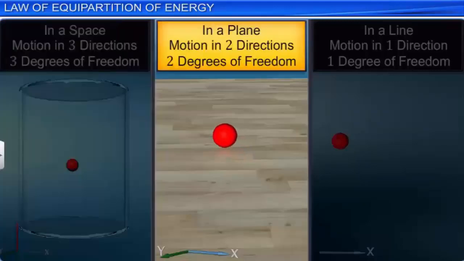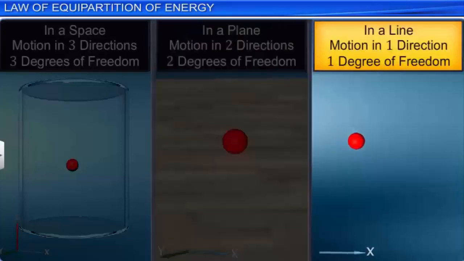If the motion of the molecule is confined to a plane, then the molecule can move in 2 directions. Hence, the molecule has 2 degrees of freedom. If the motion of the molecule is confined to a line, then the molecule can move in 1 direction only.